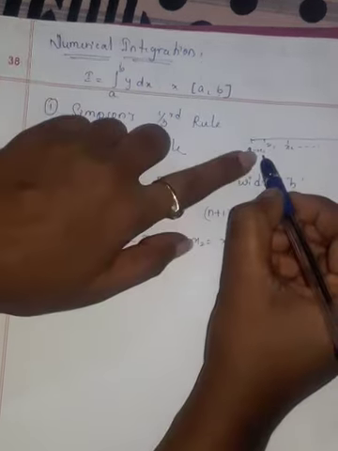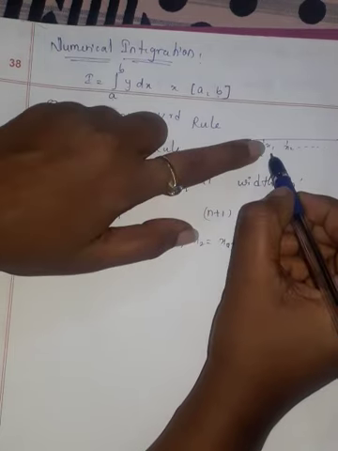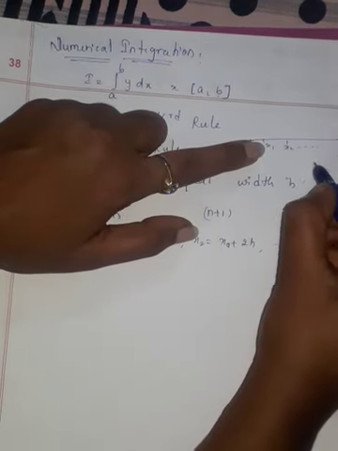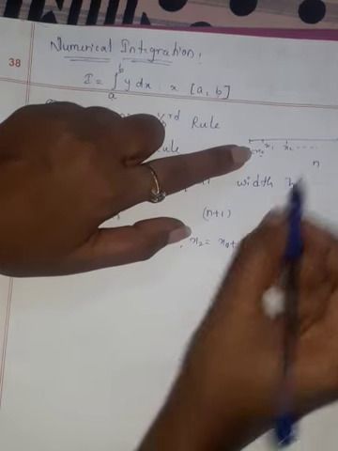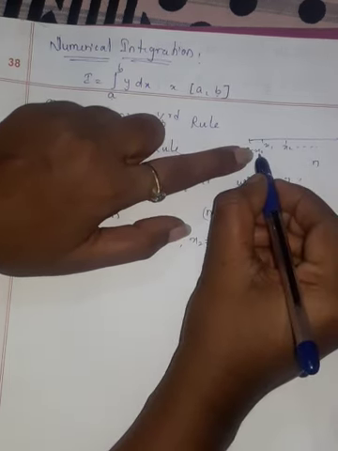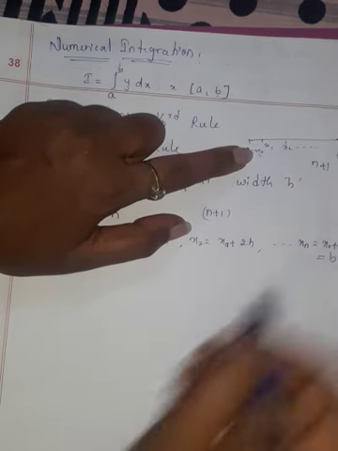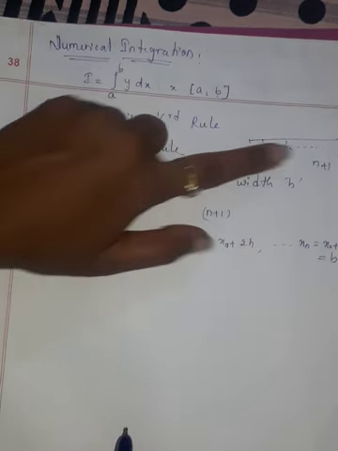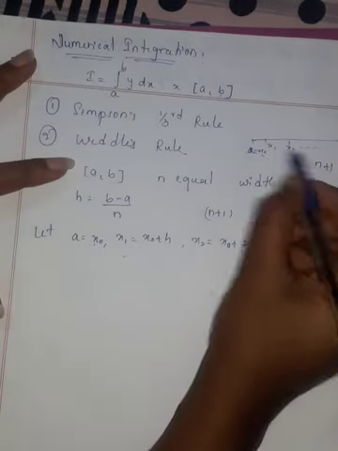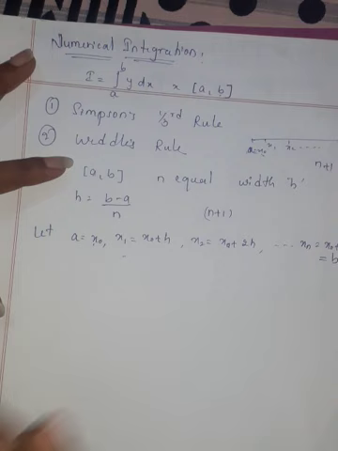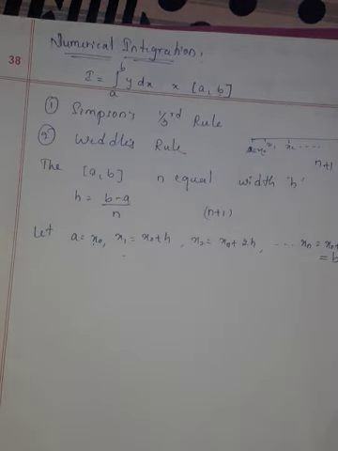So it is x naught to xn. If you take x1 to xn, then there are n points, but we are taking from x naught to xn, therefore plus 1. If you divide this interval a comma b into n intervals, then you will get n plus 1 points.